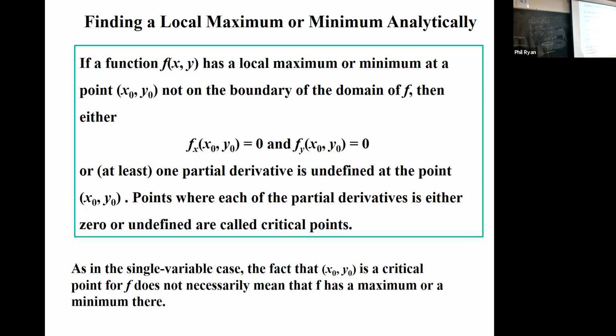So that makes life a little bit difficult for us, but we're not really going to spend too much time worrying about that. We're just going to be looking for local maxes and mins and trying to figure out from that whether they're global maxes or mins. Now, the thing is, both partial derivatives have to be 0.